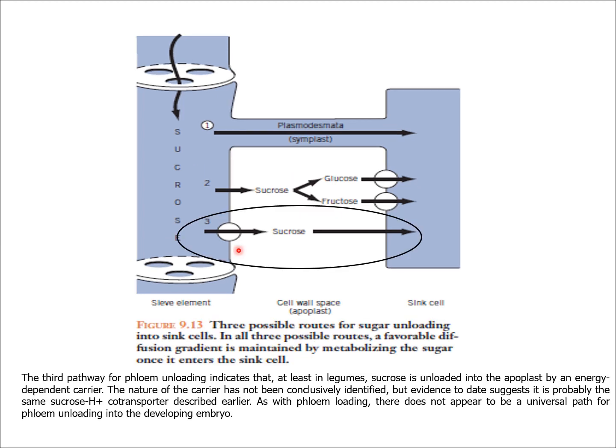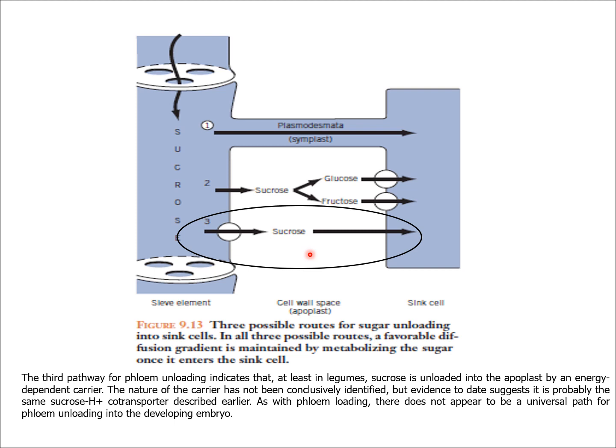The third pathway for phloem unloading indicates that, at least in legumes, sucrose is unloaded into the apoplast by an energy-dependent carrier.